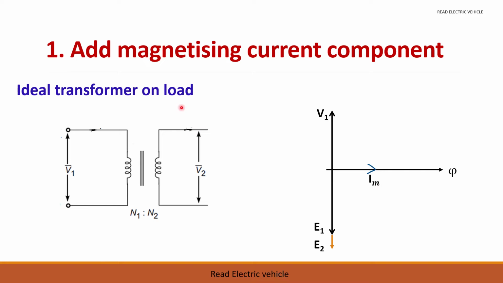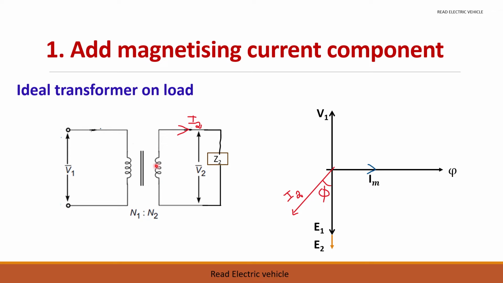So if you load the transformer now, it is going to draw some current I2. I have taken a lagging load, so current is here. If I take a leading load, current should be leading the voltage. So here it is lagging. Now this current, when it flows to the secondary windings, will produce an MMF N2 into I2.